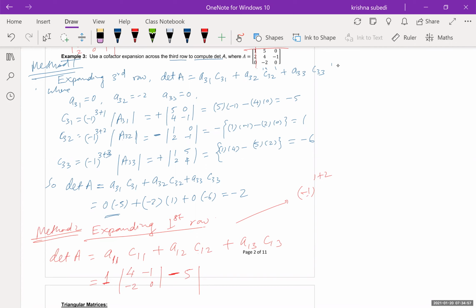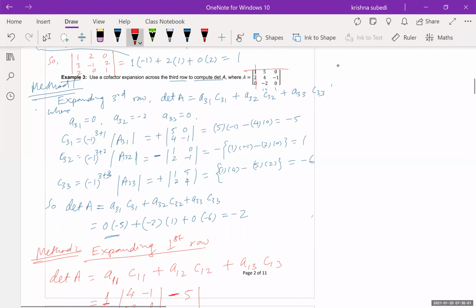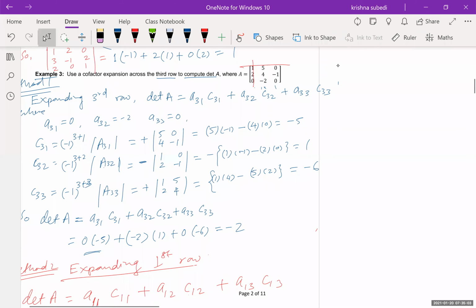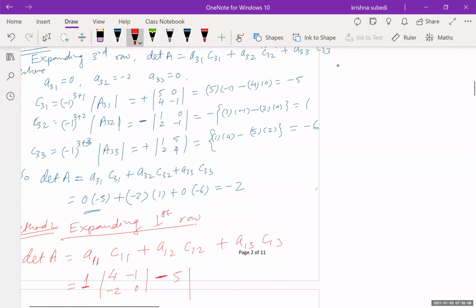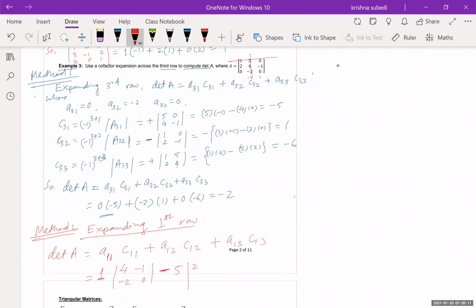Just keep that in mind. So this will be -5, and C12 means you ignore the first row and second column. You're left with 2, -1, and 0 and 0. All right, and then plus A13, which is 0. I don't have to write anything.